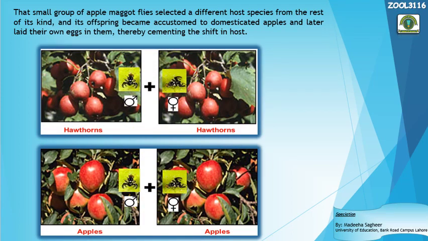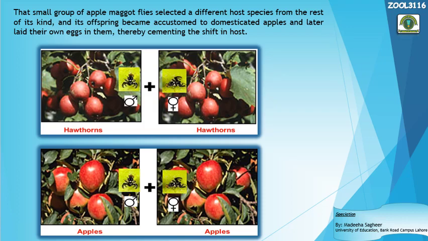Previously, all members of the maggot flies used to lay their eggs on the hawthorn berries, and their young ones were brought up on the same berries. But later, a small group of maggot flies chose another host, the apple plant, and started laying their eggs on apples instead of the hawthorn berries. So they have changed their host.